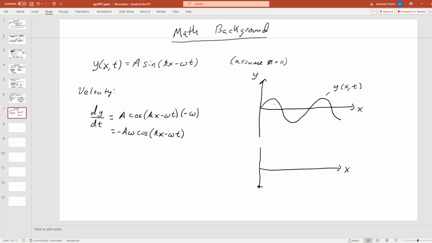Okay? And let's draw some lines here that represent our maximum and 0 positions. So when the wave gets to this point in position space, it is at the maximum, it's at the amplitude. Here, it's at 0.